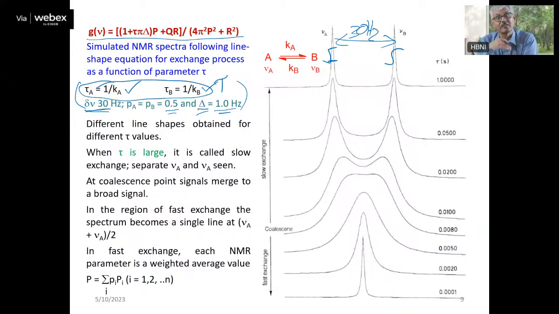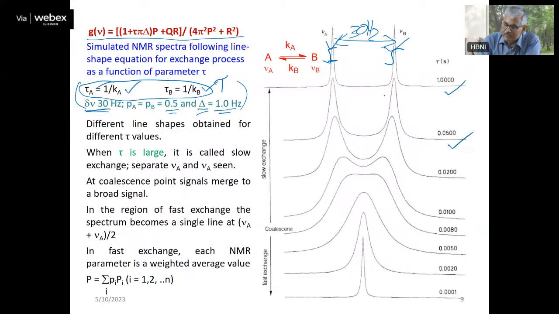Let us say the tau is very large, that we will call the slow exchange regime. In the slow exchange regime, you will see nu A and nu B appearing separately. But as you reduce the lifetime, say this is for tau equal to 1 second, now you reduce it to 0.5.